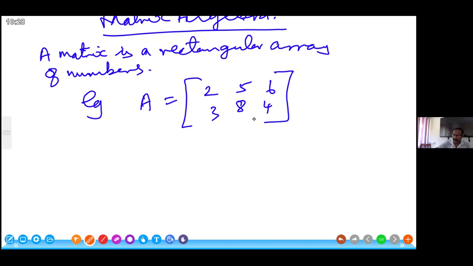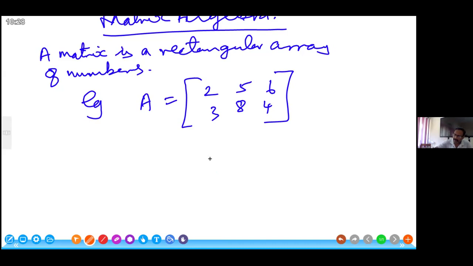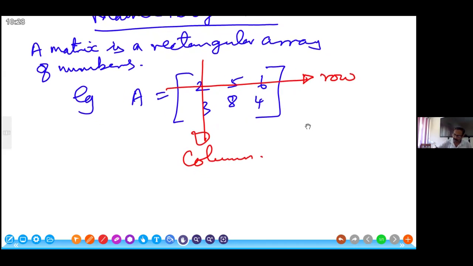Here, this is called rows. This is called columns. Rows and columns. So this particular matrix has how many rows? Two rows and 3 columns.